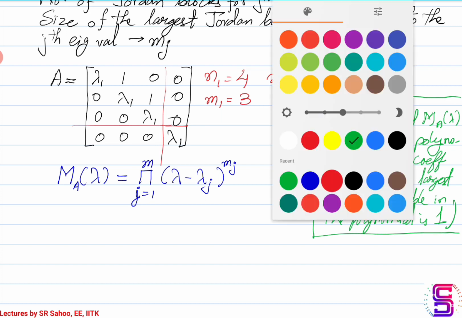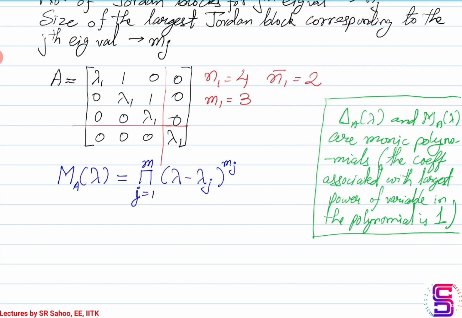So the polynomial that I am forming here, m_A of lambda, is a monic polynomial.